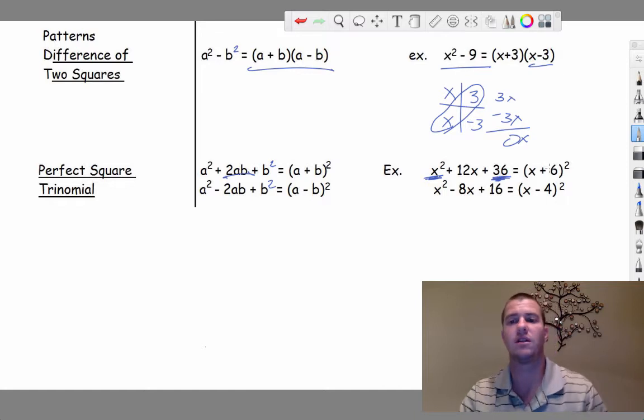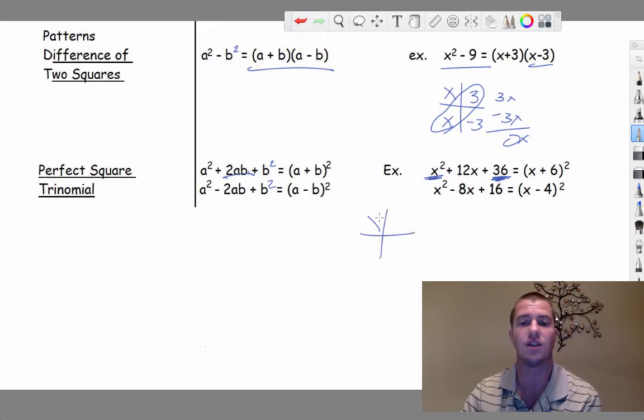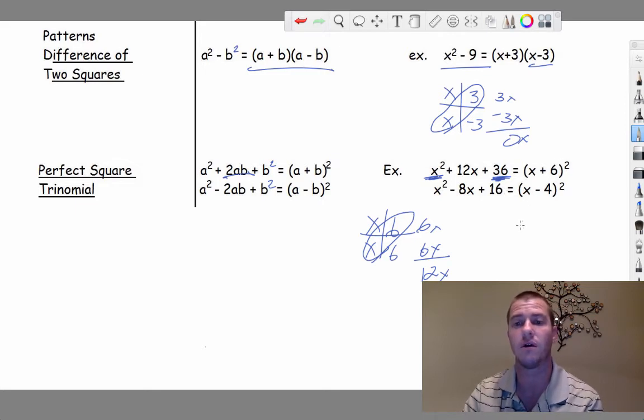So this factors into x plus 6 times x plus 6, which is x plus 6 squared. And if you do the t-chart again, x and x, what multiplies to be 36? 6 times 6, 6x and 6x becomes 12x. So it's x plus 6 times x plus 6 equals x plus 6 squared.